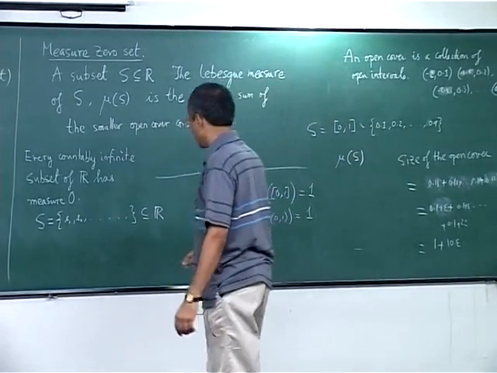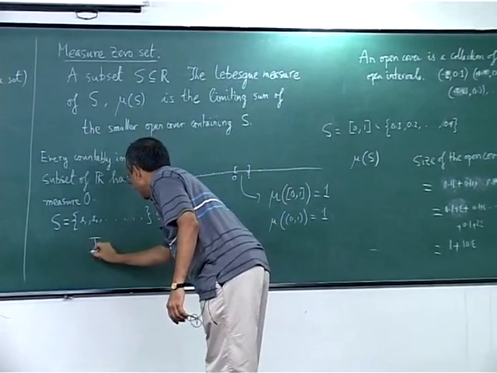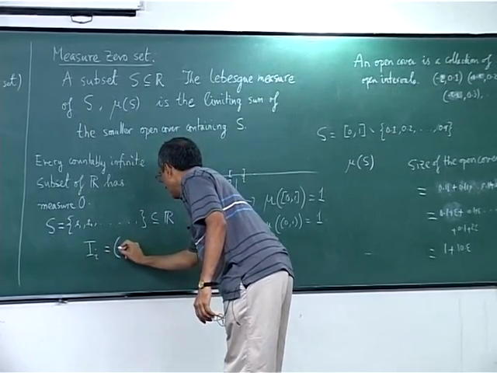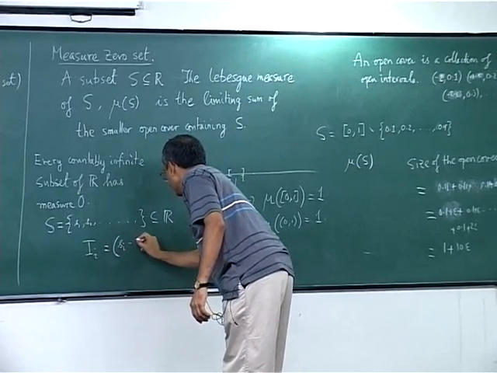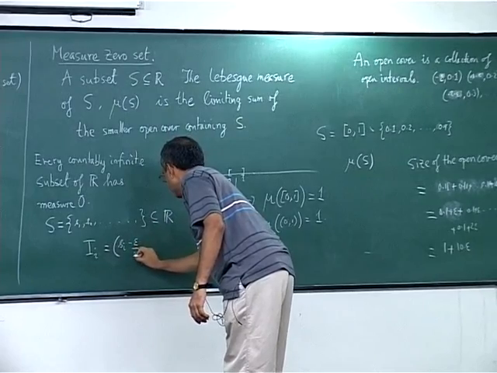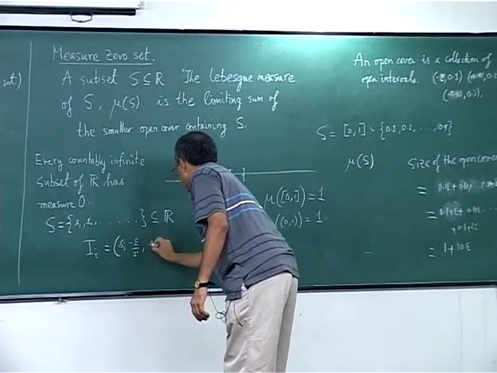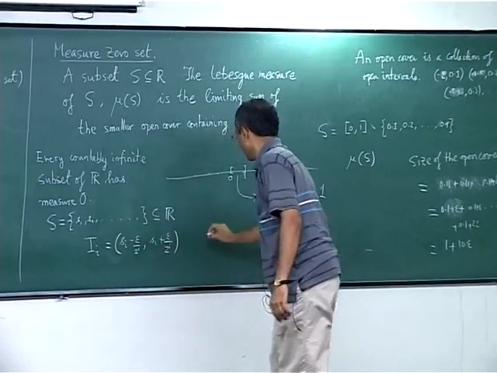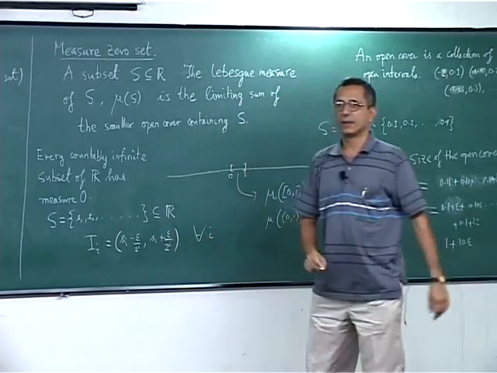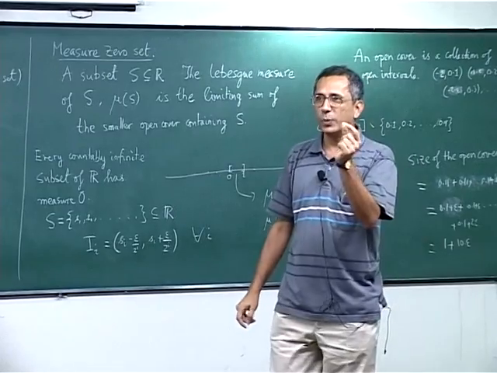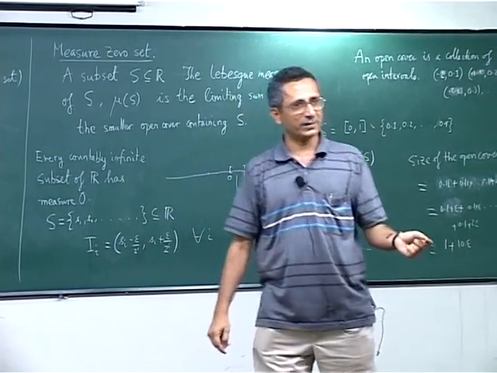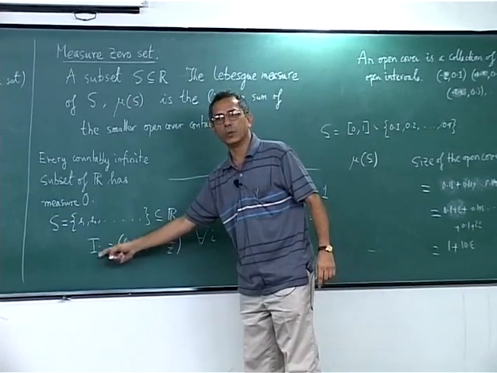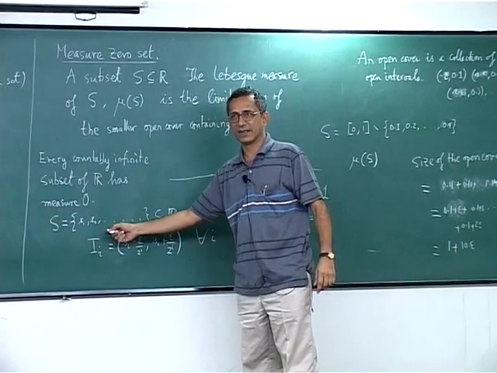What I can do now is define the interval I sub i, which is, let us say, (si minus epsilon by 2 power i, si plus epsilon by 2 power i) for all i. So, I have put one little open interval around each of the points. So, the collection of these I sub i's is an open cover for my set S.